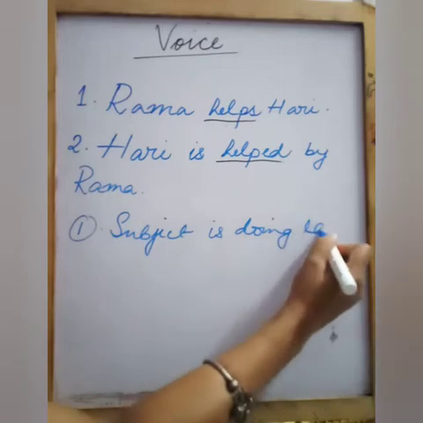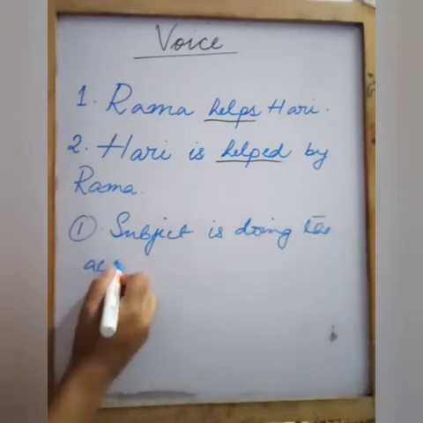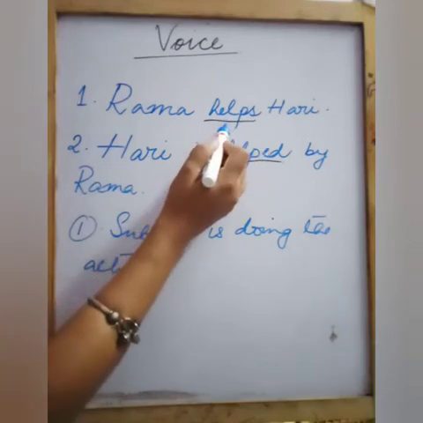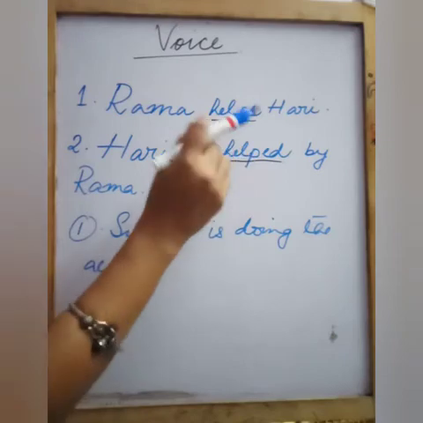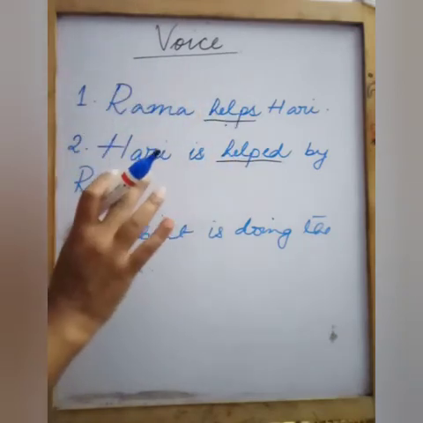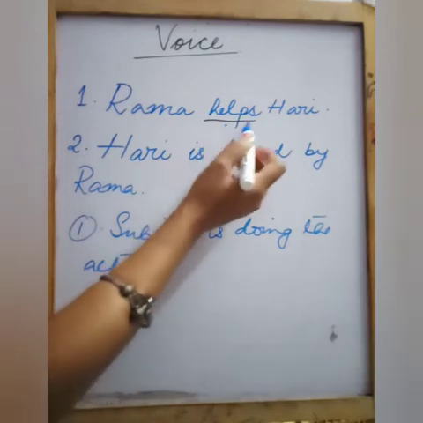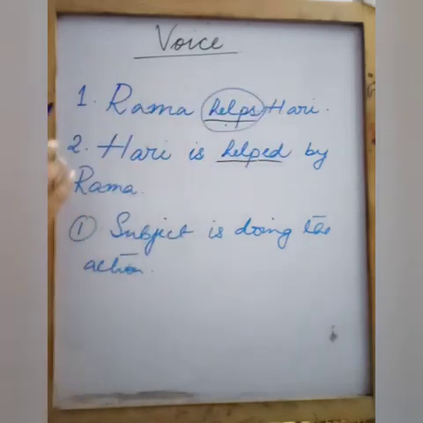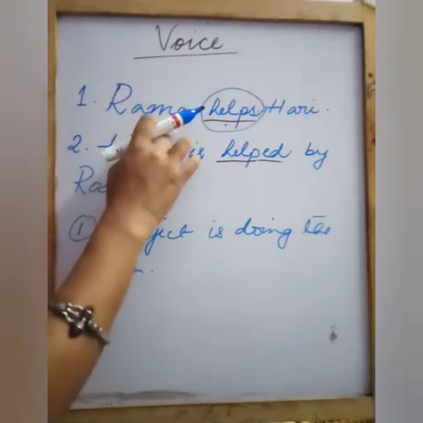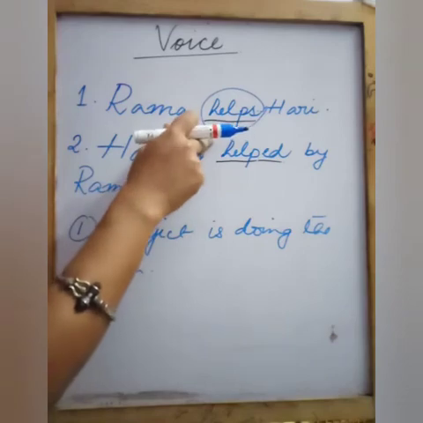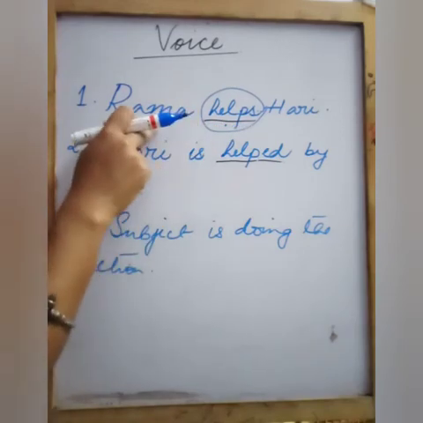The verb in the first sentence, that is helps, is in the active form, isn't it? So when a subject is doing something in a sentence, then such a verb is called what? It is called the active voice. Alright, so in the first sentence when we say Rama helps Hari, this verb helps is active. Why? Because here the subject is doing it.